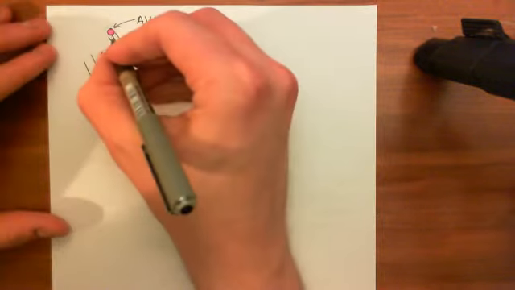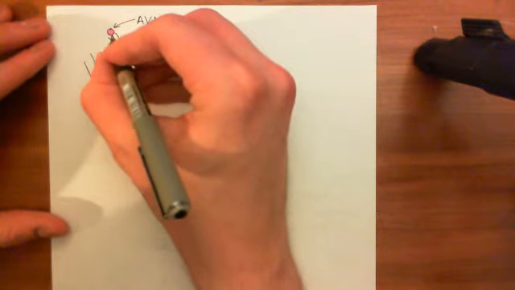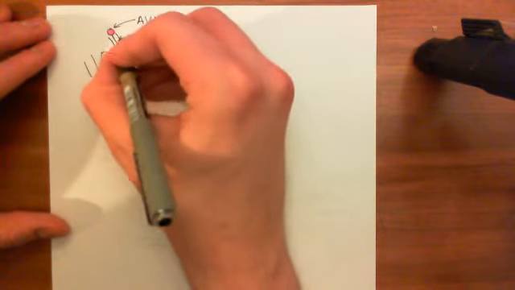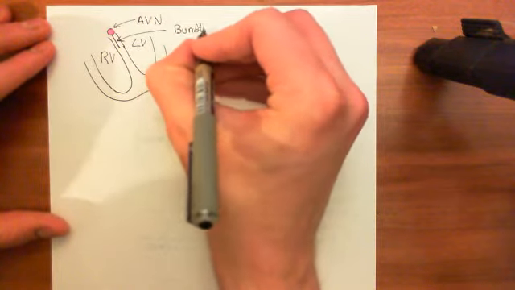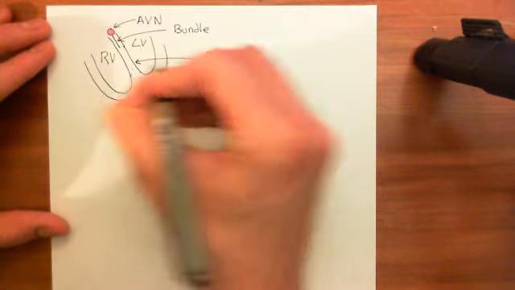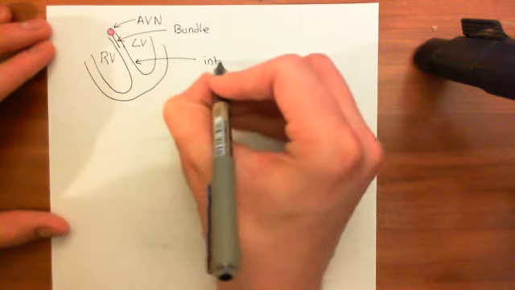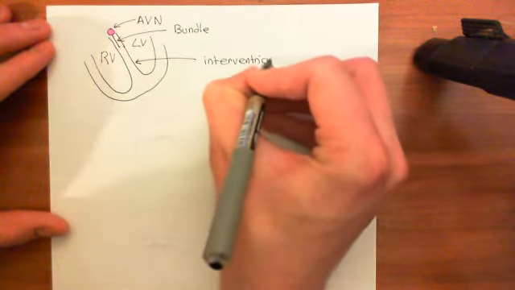So what happens is you conduct it down a little bundle of conduction fibers here that's called the bundle of His. And this sits in the wall between the right ventricle and the left ventricle, often called the interventricular septum, so I'll call it that. This is the interventricular septum.